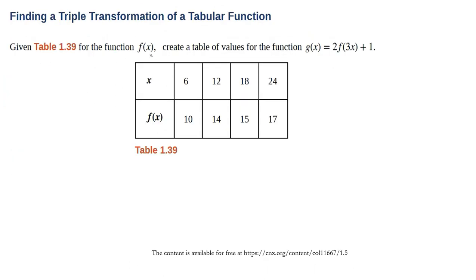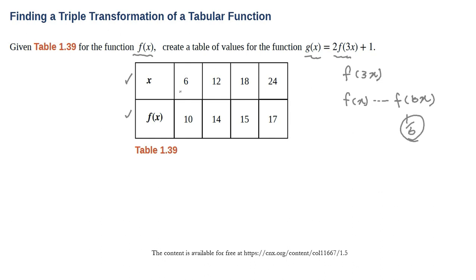Given table f of x, create a table for g of x, which is equal to 2 times f of 3x plus 1. So let's find f of 3x first. We said that when we have f of x and we want to find f of bx, f of x is stretched with a factor of 1 over b.